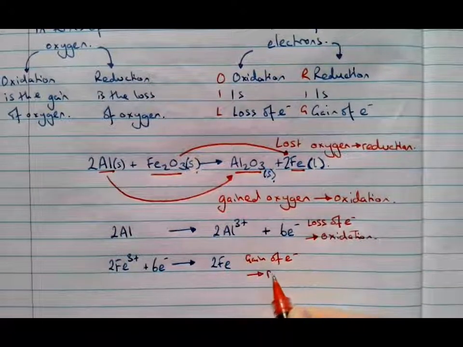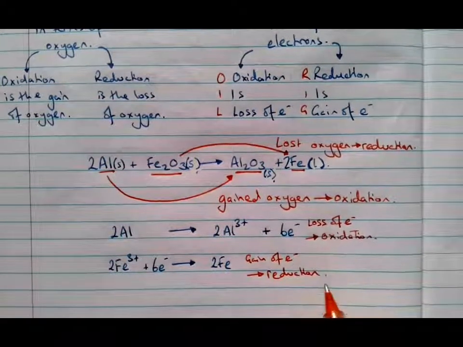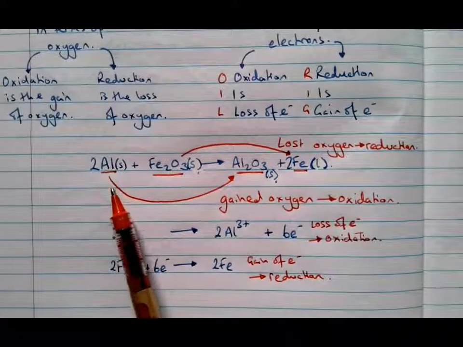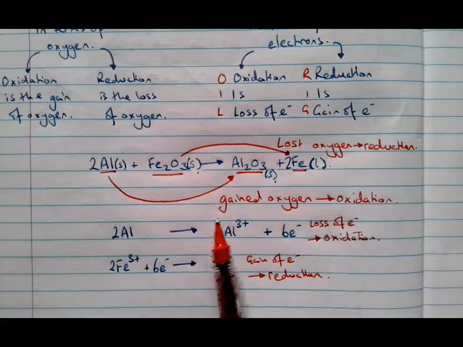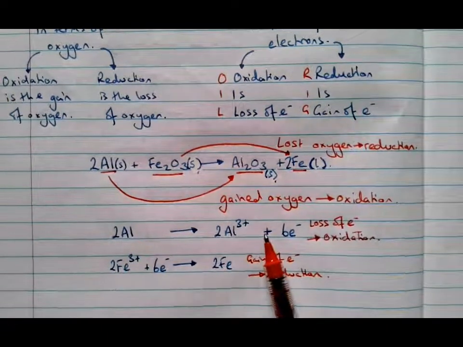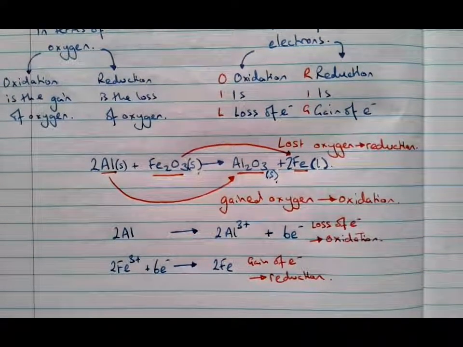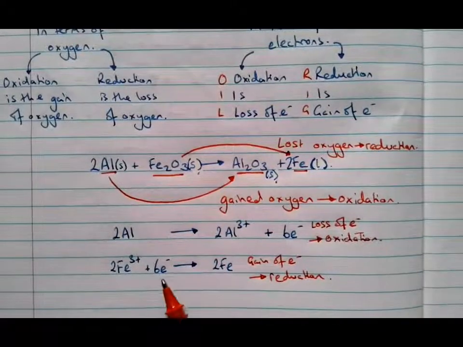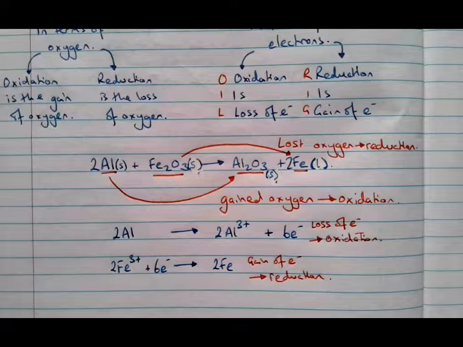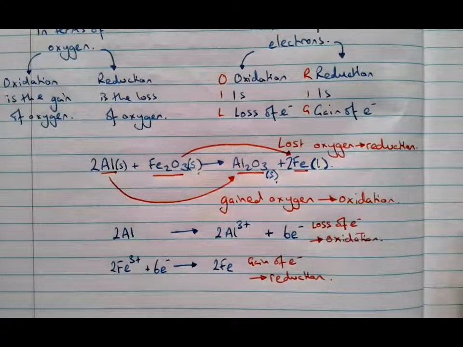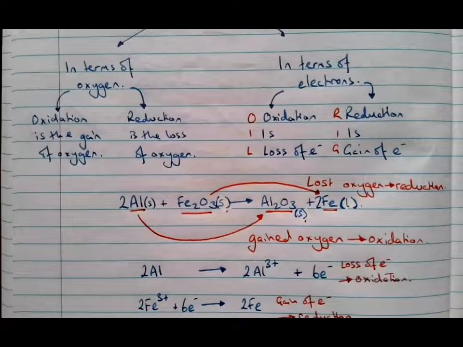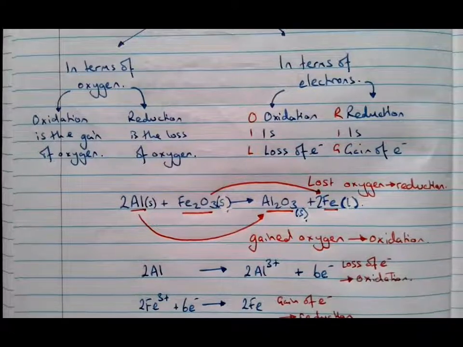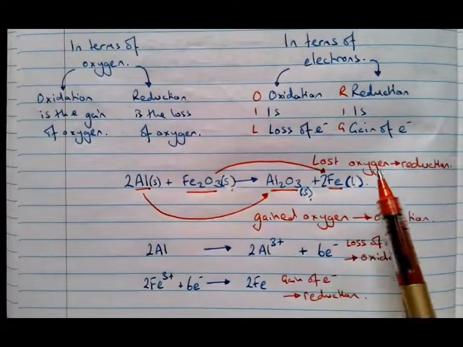So either way you look at it, the aluminium has gained oxygen, so it's oxidation, or the aluminium has lost electrons, so it is oxidation. On the other hand, iron has lost oxygen, so it's reduction, or it has gained electrons, so it is reduction. So there are these two ways of thinking about oxidation and reduction. And remember, if they're both happening at the same time, these are redox reactions. So here I've got reduction and oxidation in both cases, both ways of looking at it. So it is a redox reaction.